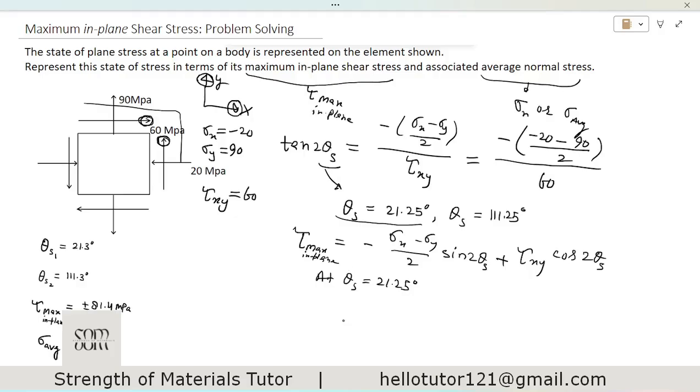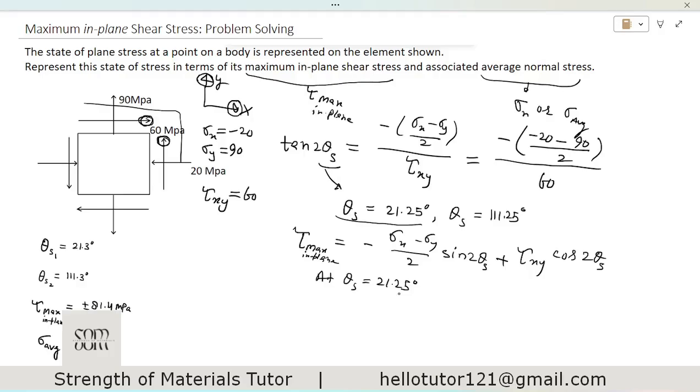I will just use the calculator. It is negative sigma x minus sigma y by 2. Now we know sigma x, sigma y and tau xy, so I will use these values directly in the calculator. It is minus 20 minus 90 divided by 2, times sine of 2 times theta s, and I will use the theta s of 21.25 degrees.